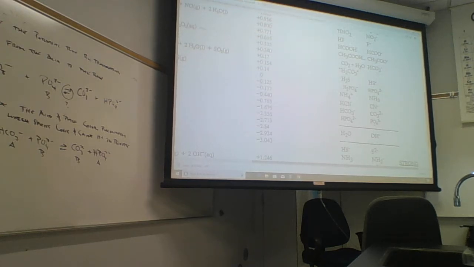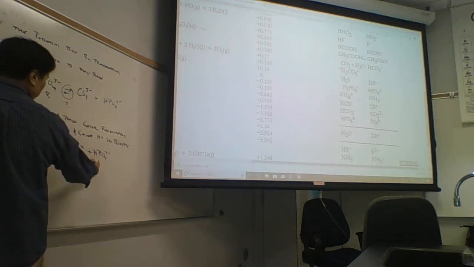Okay, 7. Determine the driving force, that is, going from stronger to weaker acid and stronger base to weaker base, is present. And so what we have to do is compare the two acids and see which one's stronger.